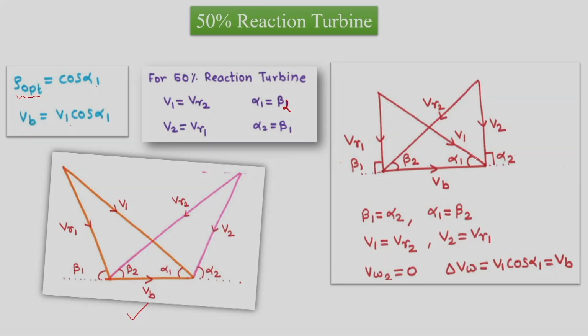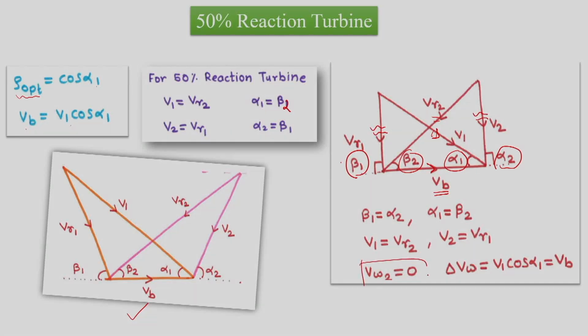Here this is V1, so this V1 and this VB will have a relation which is rho optimum, which is V1 cos alpha is equal to VB, and this is V2. V2 is having alpha 2 which is 90, which is equal to beta 1, and alpha 1 and beta 2 are equal. It leads again to VR2 and V1 to be equal and VR1 and V2 to be equal.